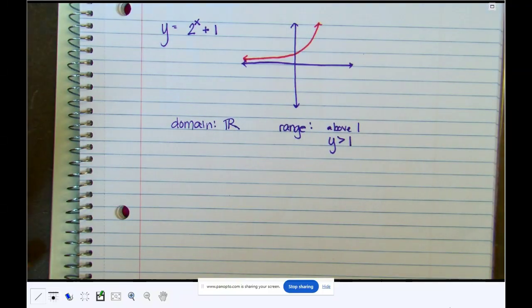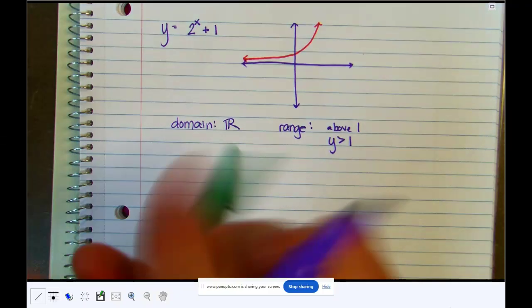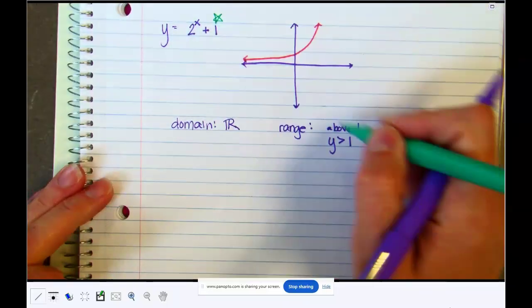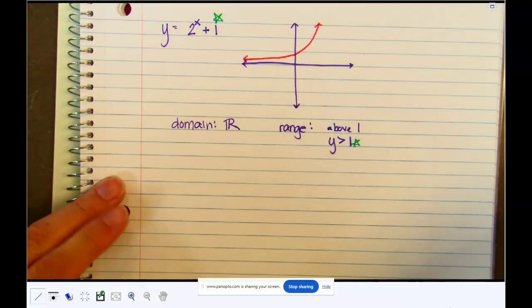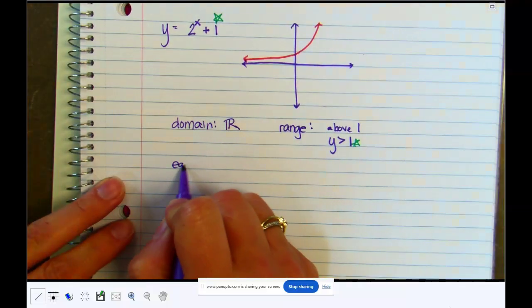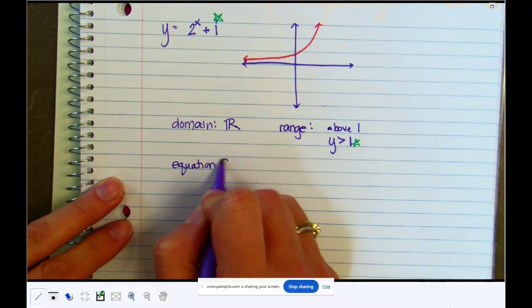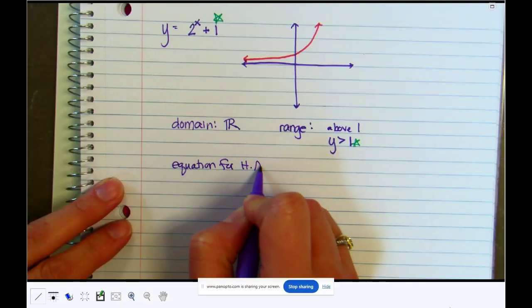Now, I said this on the warm-up, but this number is this number. So you don't have to guess. Somebody asked me that and I wasn't answering the question yet. Somebody was like, how do I know what it is? You can look at the equation and know what the asymptote is. Oh, and what the range is. So we're going to write the equation for the horizontal asymptote, HA.